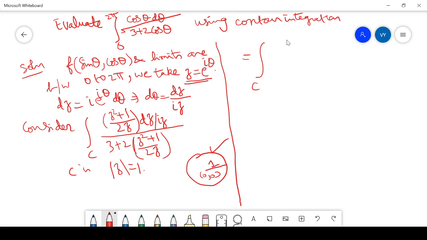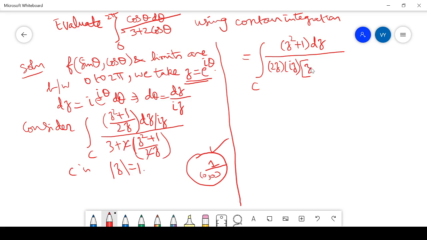So when I simplify this, it will be like this. Z squared plus 1 dz by 2z into iz, 2z here, iz here, this will be moved to the denominator. When I simplify the term in the denominator, these two get cancelled.